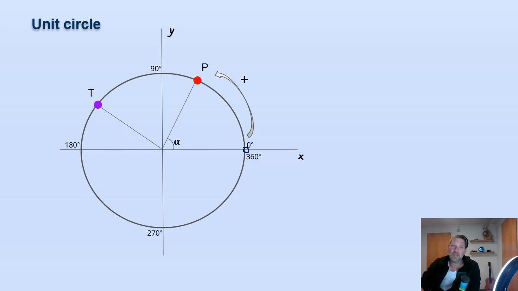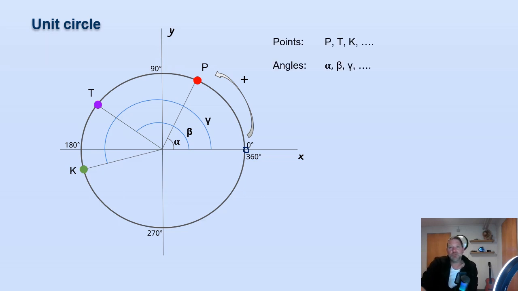This point also has a distance of 1 to the origin, unit circle, but then it has a different angle with the x-axis. Let's call this angle beta. Also again a Greek character, which is usual. We walk further and we wind up at point K, which has, for instance, an angle named gamma.